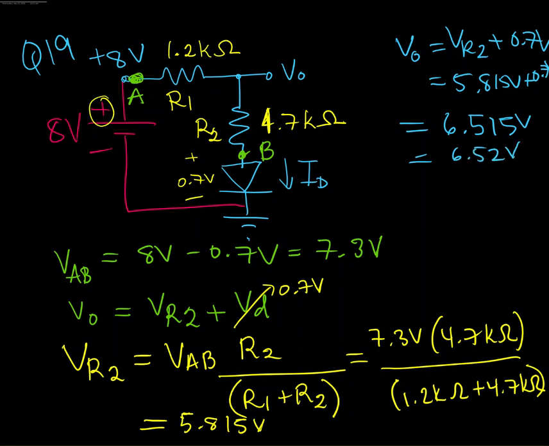Okay. The other thing we wanted to know was the current through the diode. Remember that this is a series circuit, so the current is the same in this whole series circuit. So we can't find the current through the diode by looking at the diode. We have to look at the resistor.